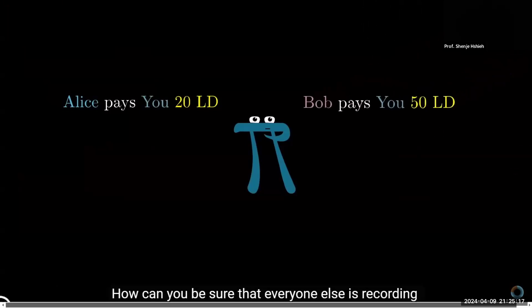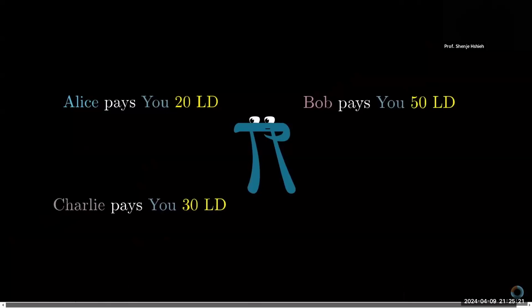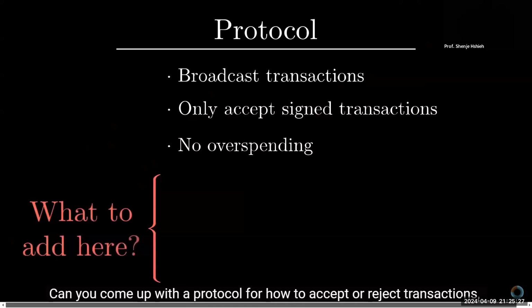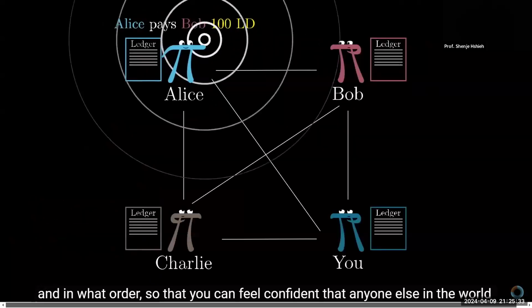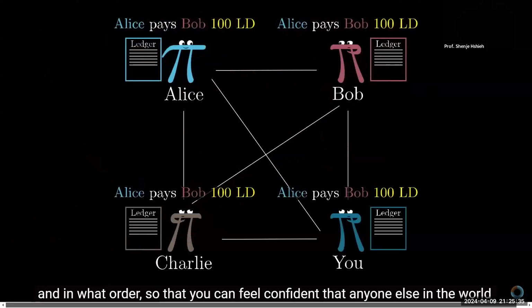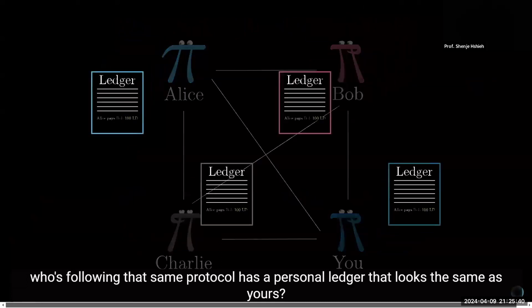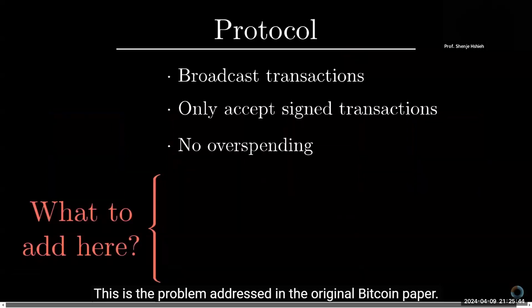How can you be sure that everyone else is recording the same transactions and in the same order? This is really the heart of the issue. This is an interesting puzzle. Can you come up with a protocol for how to accept or reject transactions and in what order, so that you can feel confident that anyone else in the world who's following that same protocol has a personal ledger that looks the same as yours? This is the problem addressed in the original Bitcoin paper.